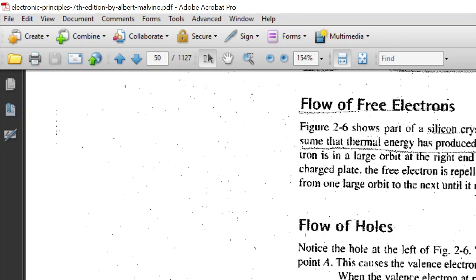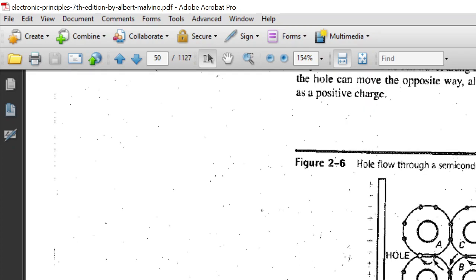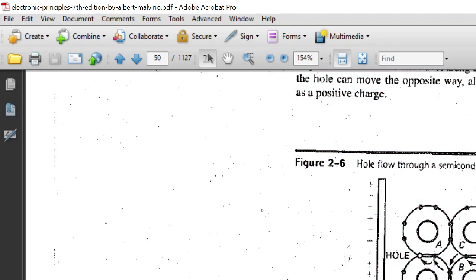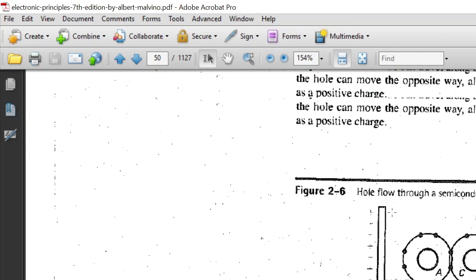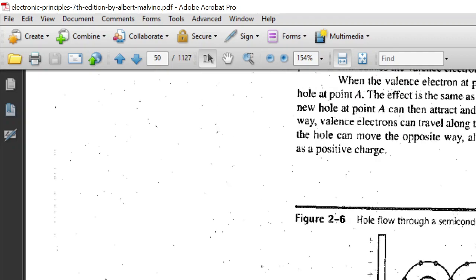How does the flow of holes happen? Notice this diagram. This free electron is flowing from the negative plate to the positive plate undisturbed. How is the hole moving? Suppose the hole is here. Due to the potential applied here, what happens? An electron experiences a pull towards this hole from this side.